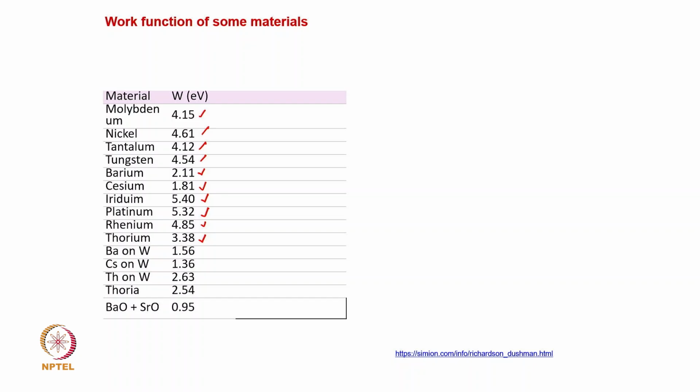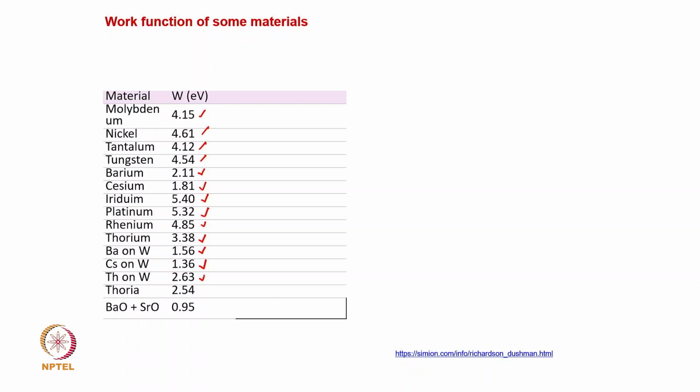But now, as I told you, when we combine materials like barium on tungsten, the work function reduces to 1.56 electron volt. So, this is making a mixture of materials to reduce the work function. For cesium on tungsten, the work function is reduced to 1.36 electron volt.